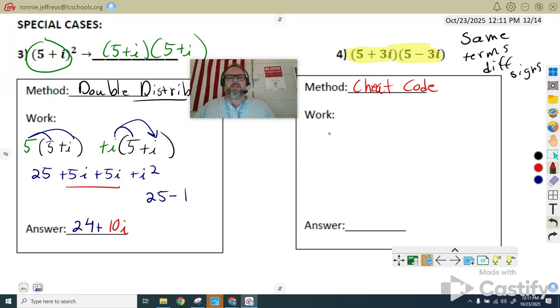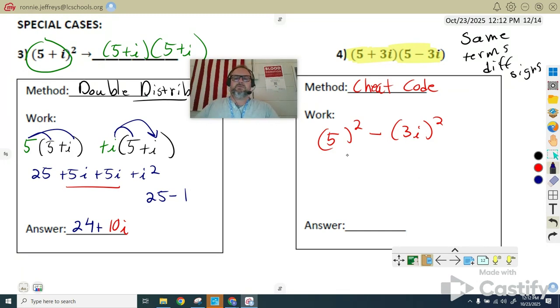So we're going to take the first term, square it, minus the second term squared. Because whether we use the distributive, box, FOIL, or Hallmark movie method, those middle terms are going to cancel.